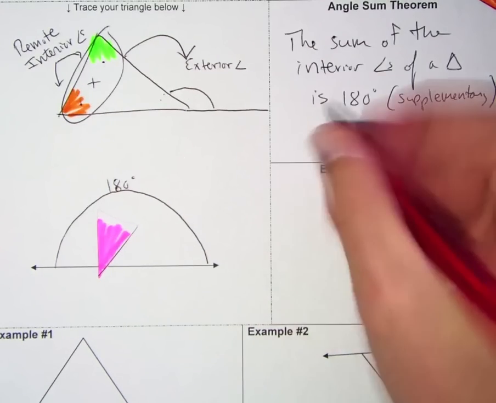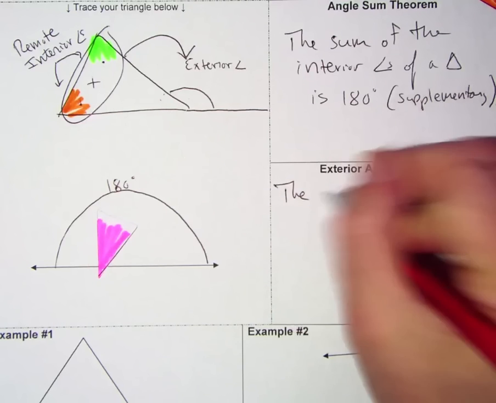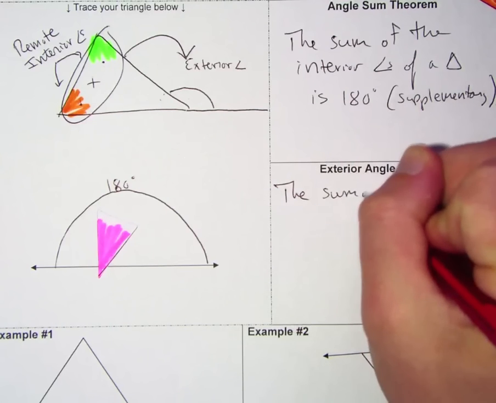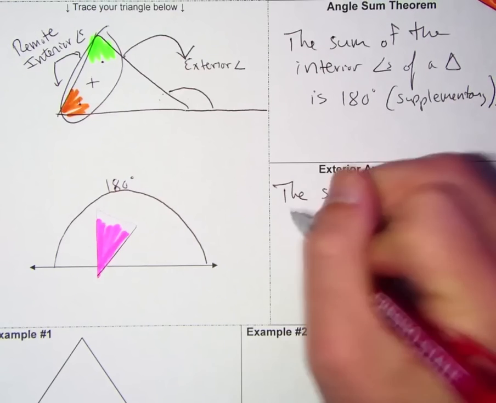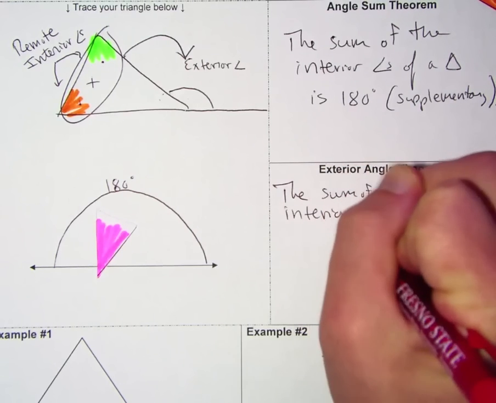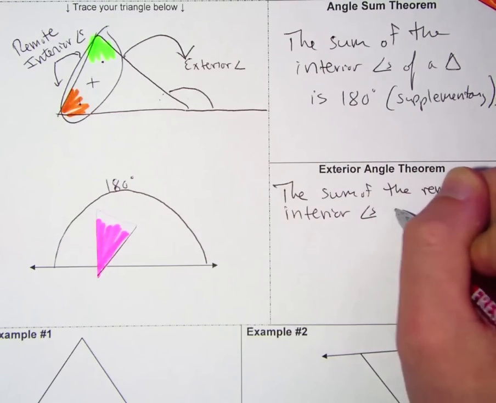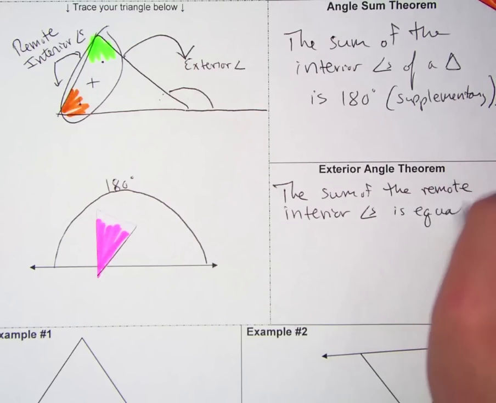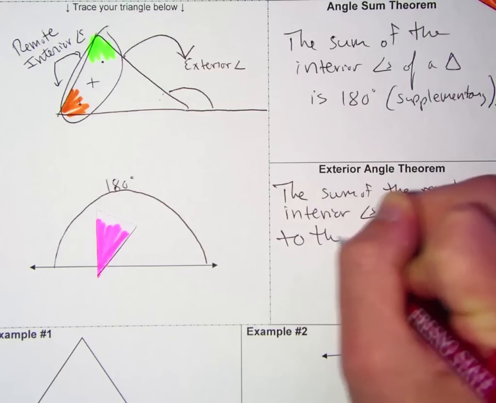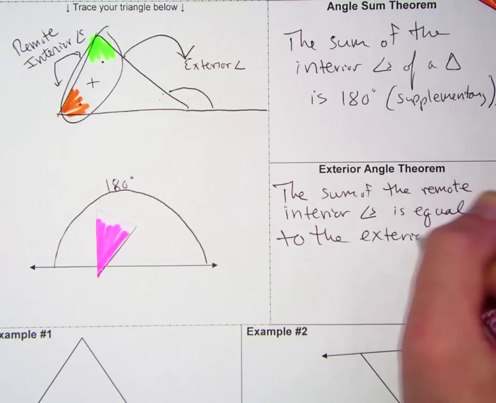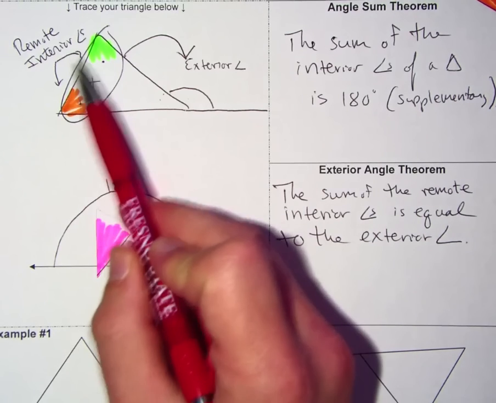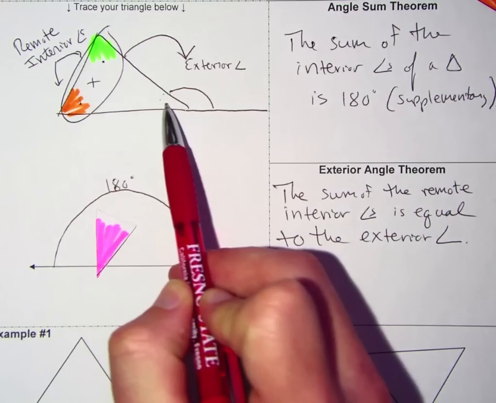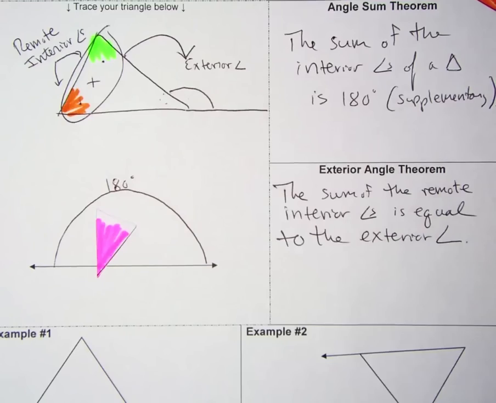So the exterior angle theorem says the sum of the remote interior angles is equal to the exterior angle. Remember, the remote interiors are the non-adjacent ones. That's the adjacent one. These are non-adjacent to our exterior.